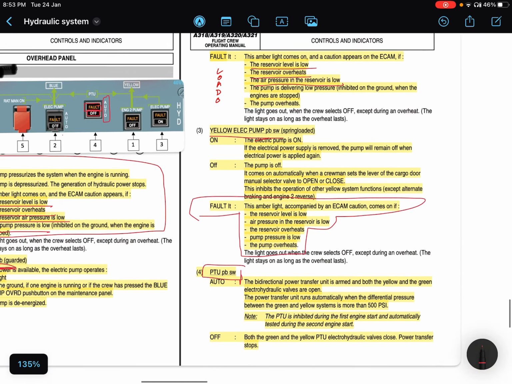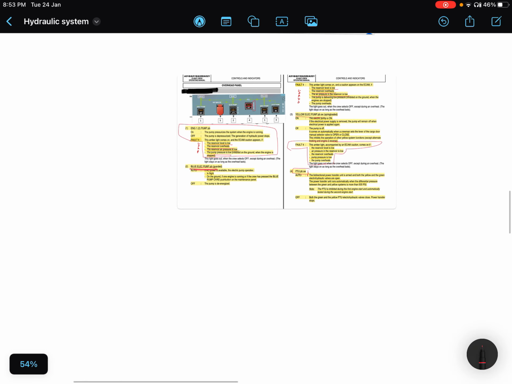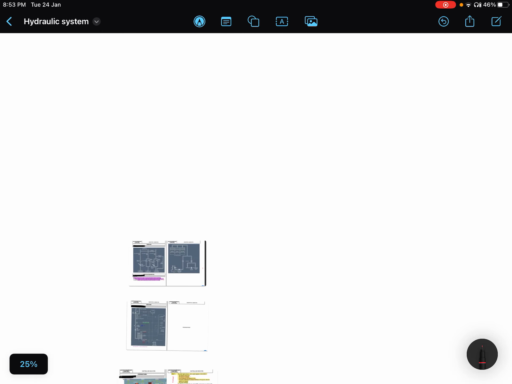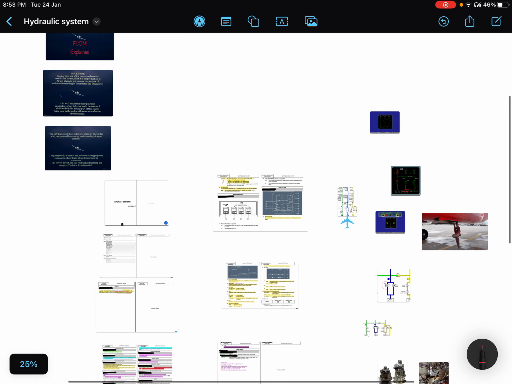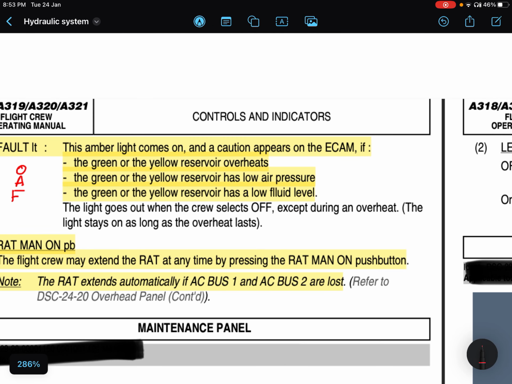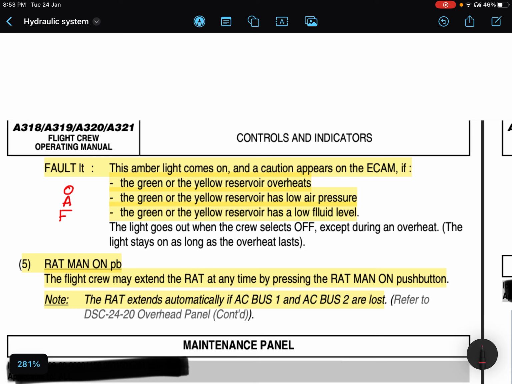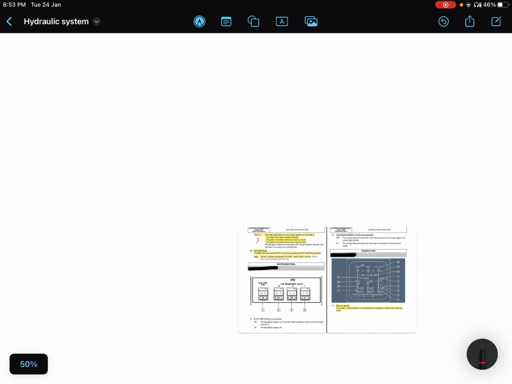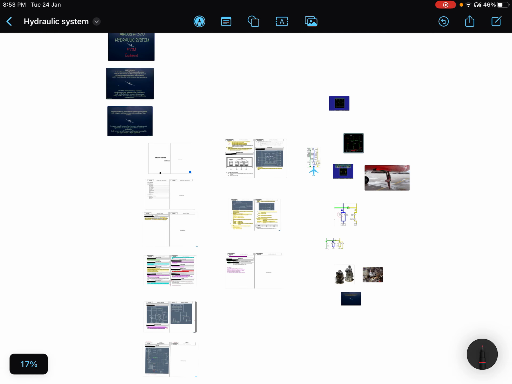Right, we will talk about that. When does this fault light of PTU come? Whenever green or yellow reservoirs overheat. Are you getting it?